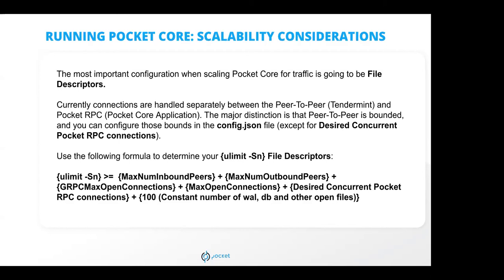So the way the formula works is as follows. What you're trying to do is determine how much in the ulimit you need. It needs to be greater than or equal to satisfy your Pocket Core's requirements. So the first thing is the max number of inbound peers.